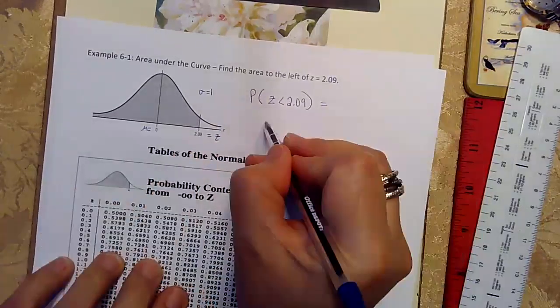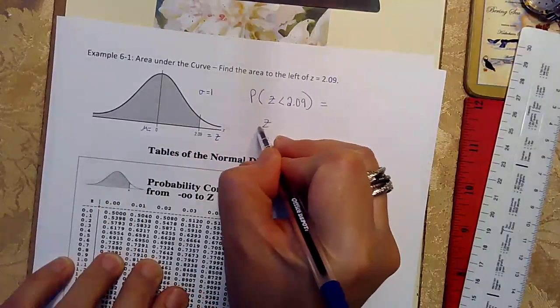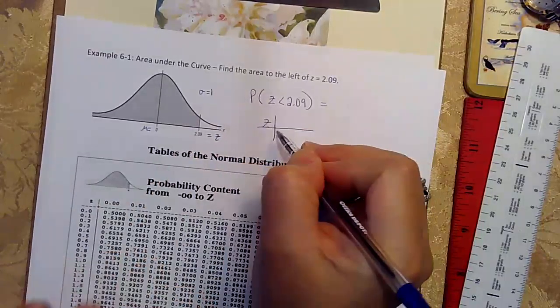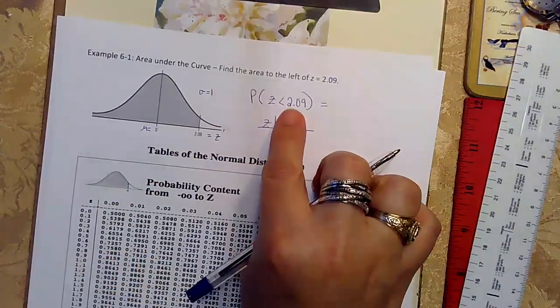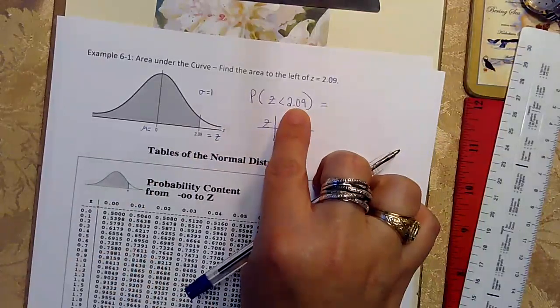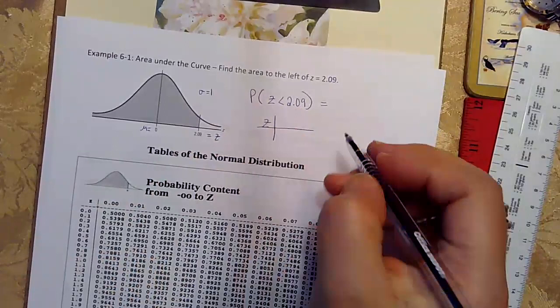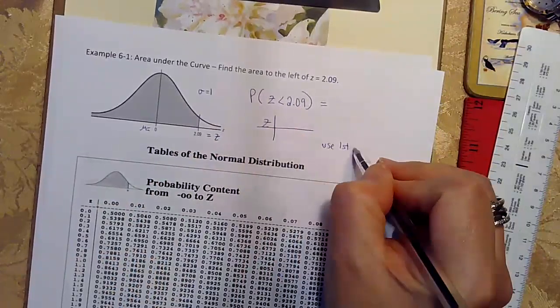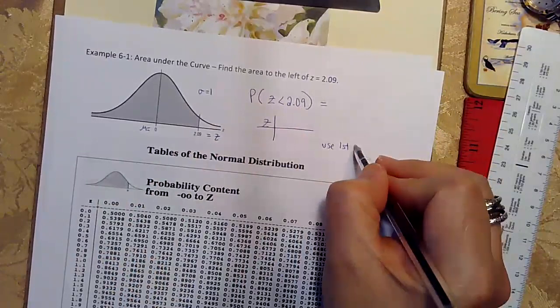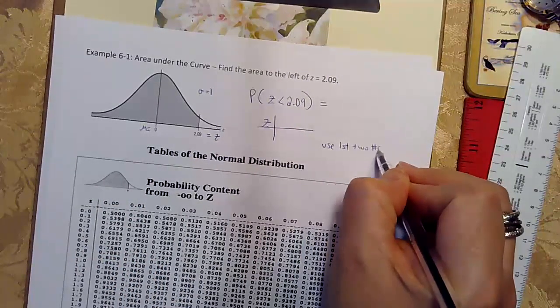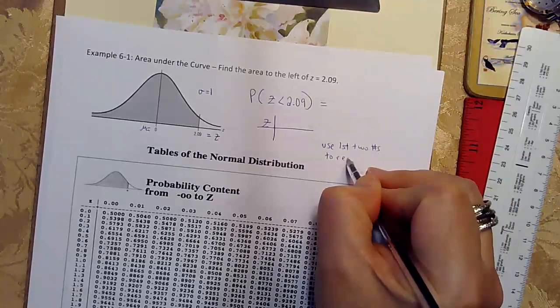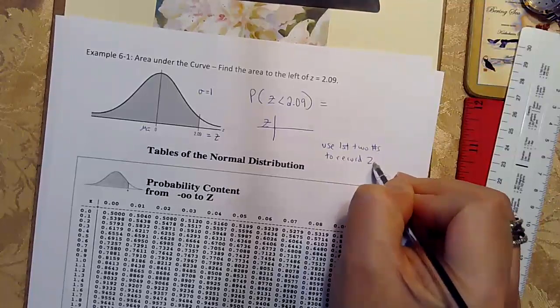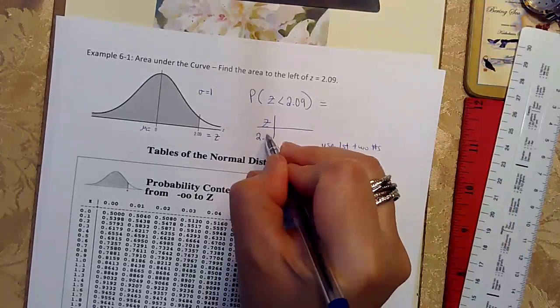Okay, and then when you look this up on your table, you use the first two digits to record your Z. So you use the first two numbers to record your Z. That would be 2.0.